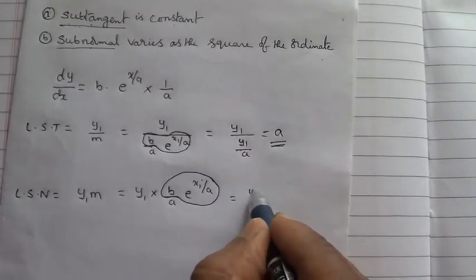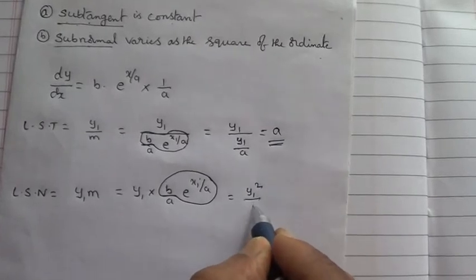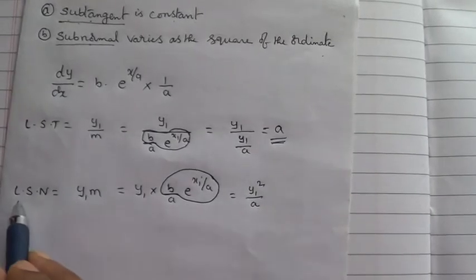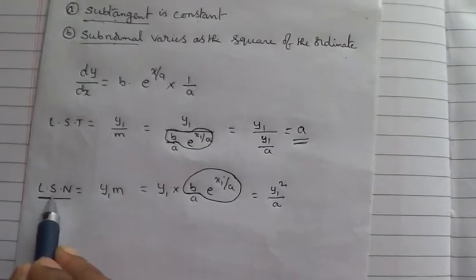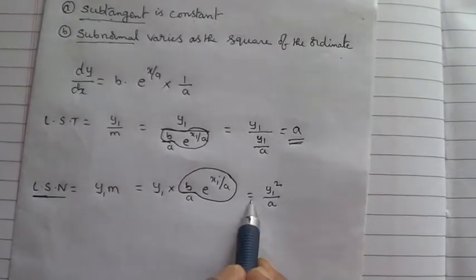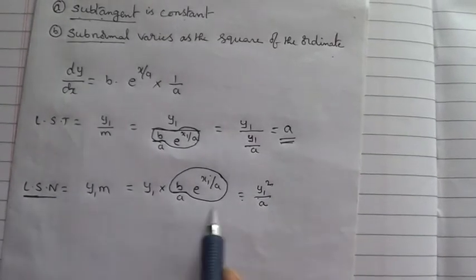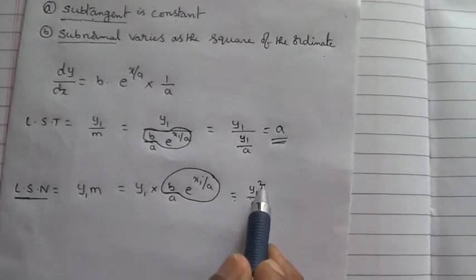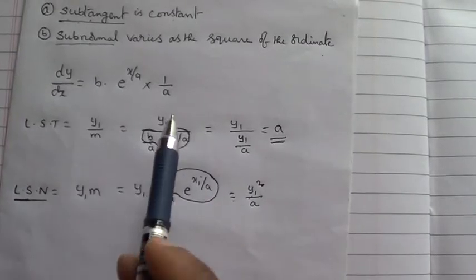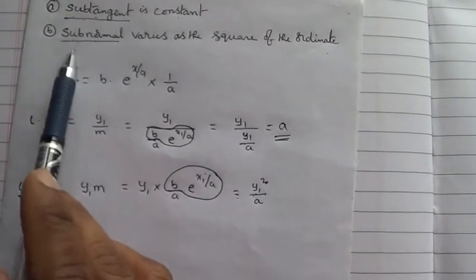So this becomes y1 square divided by a. So we can say the length of the subnormal is proportional to the square of the ordinate. That's the second one. Both the statements are correct. So next we are going for another question.